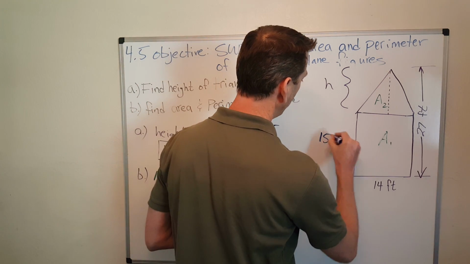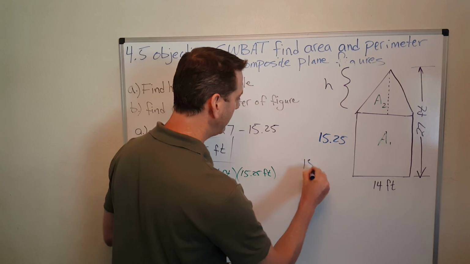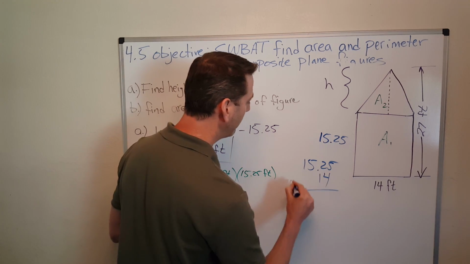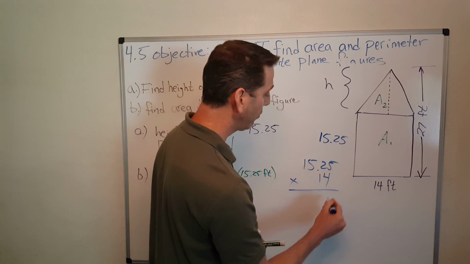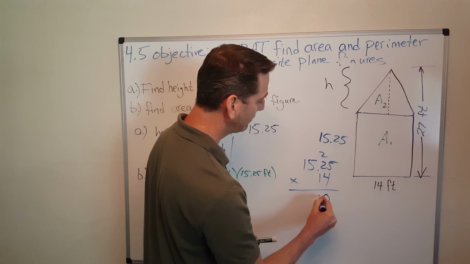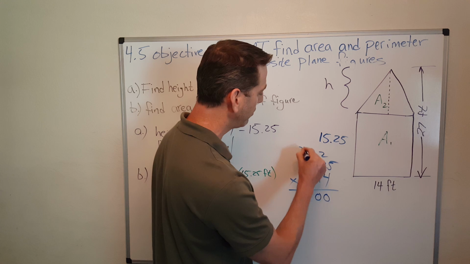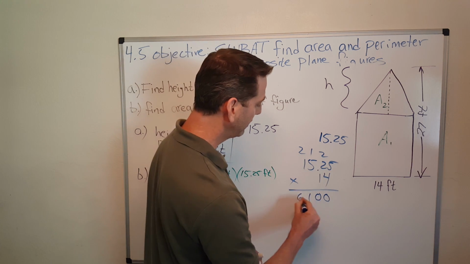This was 15.25. So what is 15.25 times 14? I'm just going to line everything up as if there's no decimal there and multiply. 5 times 4 is 20. Carry my 2. 4 times 2 is 8, plus 2 is 10. 4 times 5 is 20, plus 1 is 21. 4 times 1 is 4, plus 2 is 6.